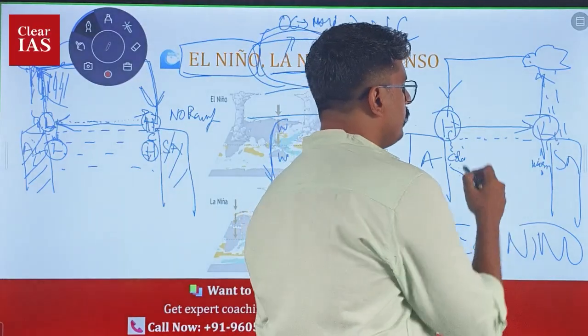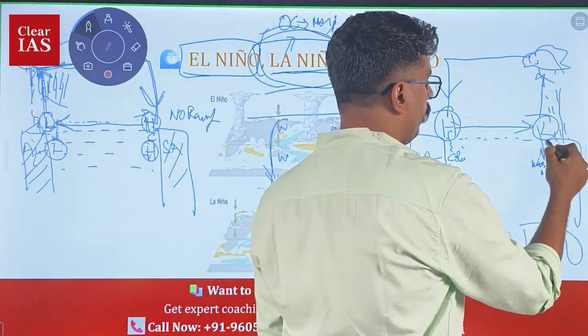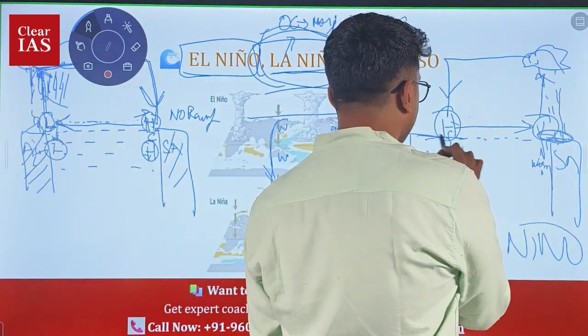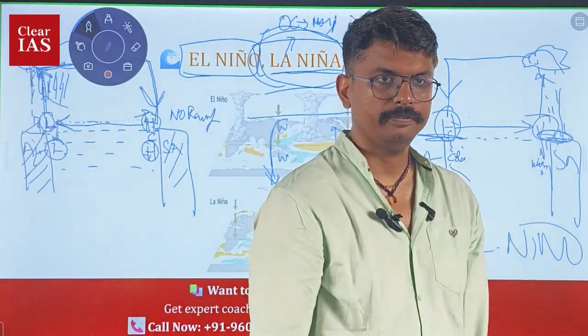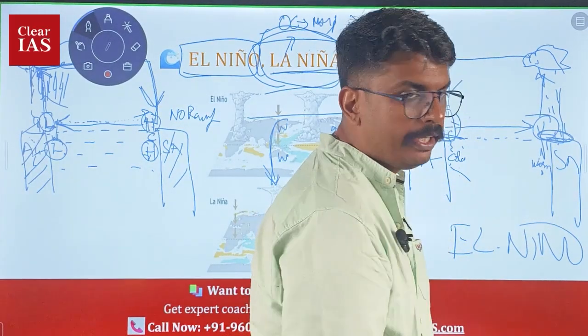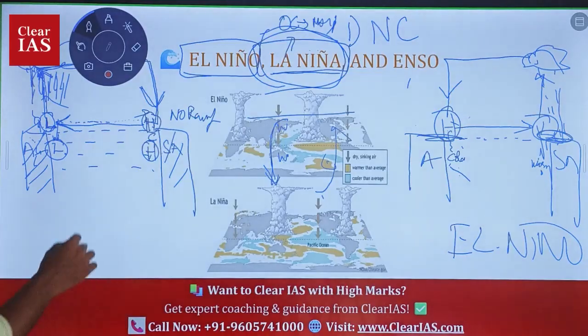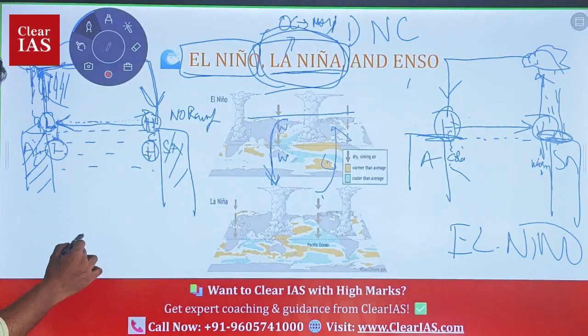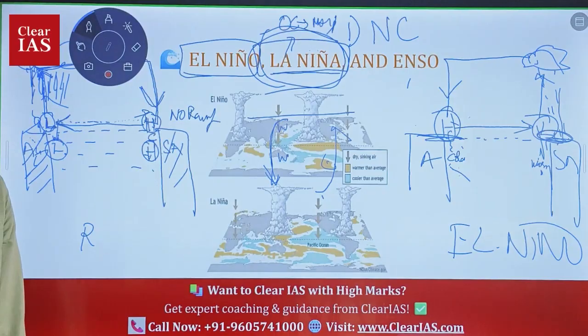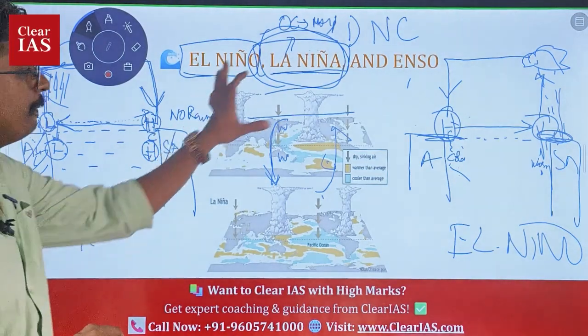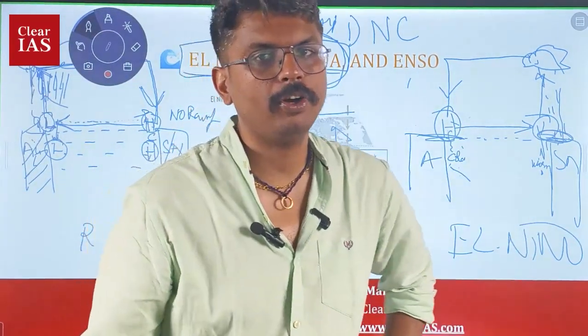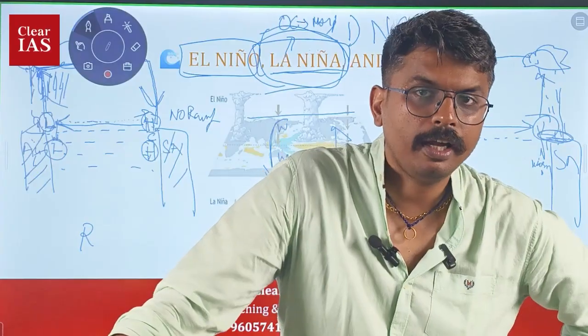Now if the condition is reversed, there would be a lot of rainfall in South America, but no rainfall in Australia. Now why are we linking this to India also? If it is a normal condition, India will have normal rainfall. If the normal condition becomes powerful, what do we call that? La Nina.